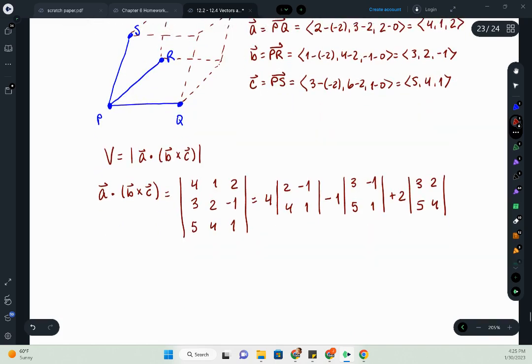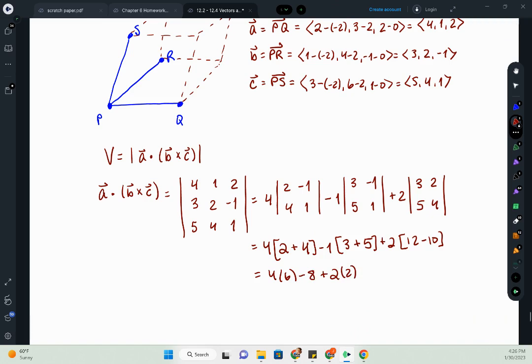Okay, keep calculating. We get 4 times 2 minus a negative will be plus 4, minus 1 times 3 minus a negative will be plus 5, plus 2 times 12 minus 10. So this is 4 times 6 minus 8 plus 2 times 2.